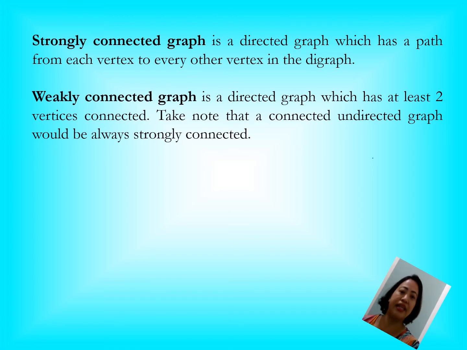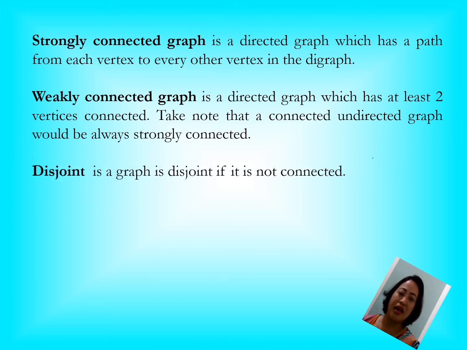While when we say weakly connected graph, this is a digraph also which has at least two vertices connected. Okay? Take note that a connected undirected graph would always be a strongly connected graph. Right? Again, connected undirected graph will always be a strongly connected graph.